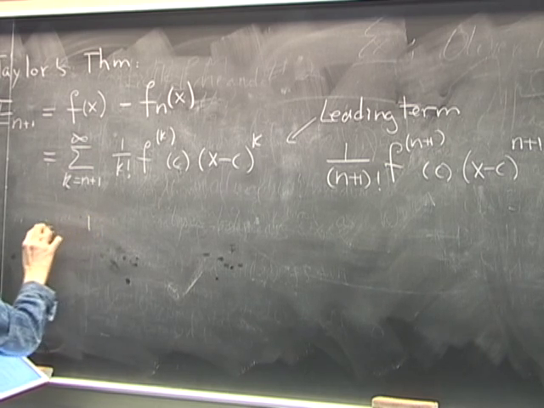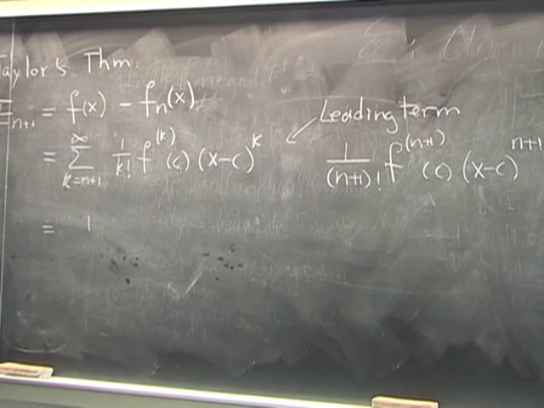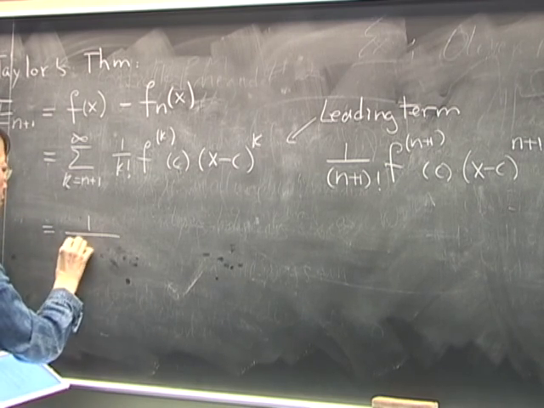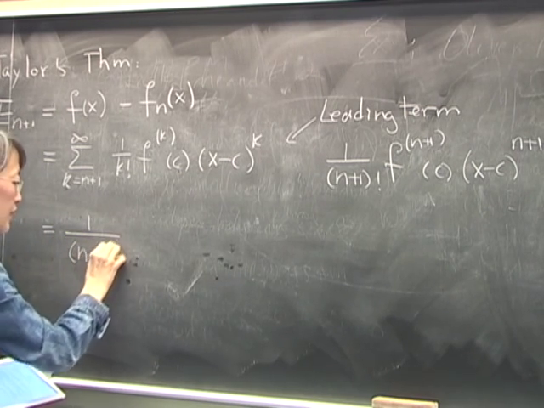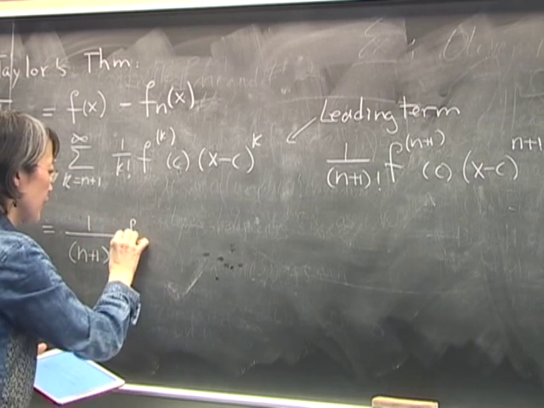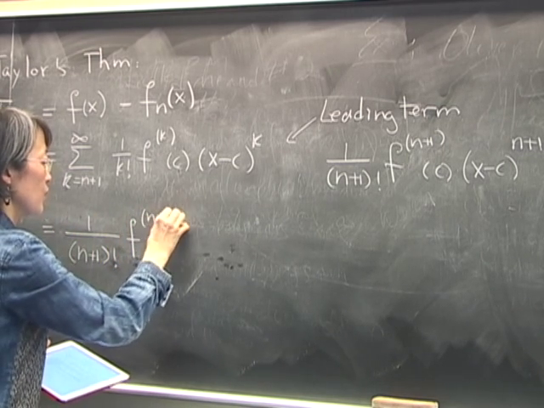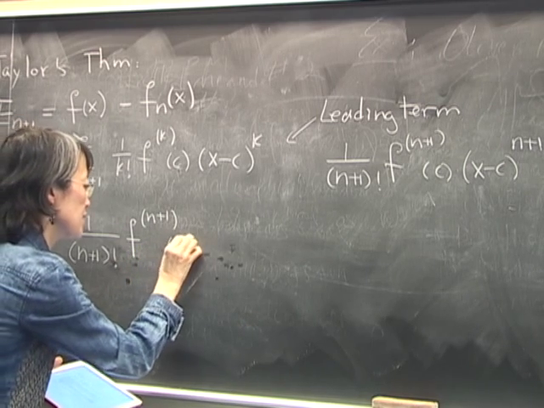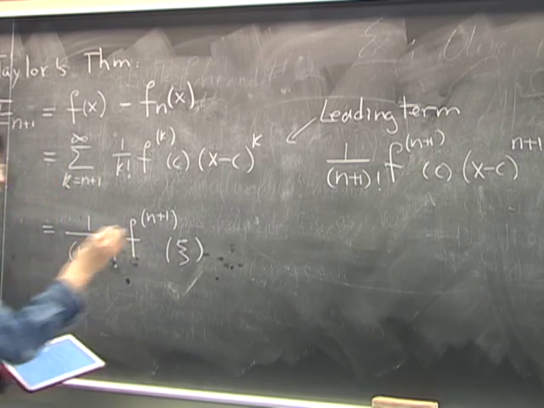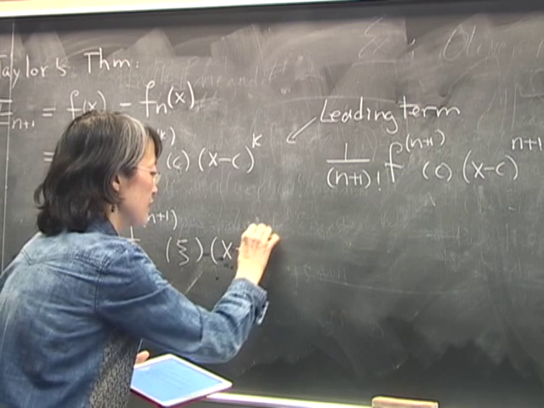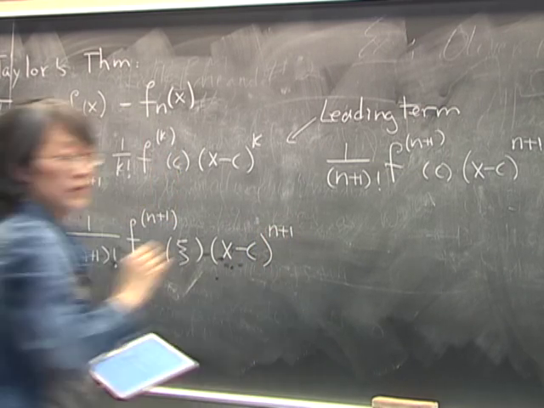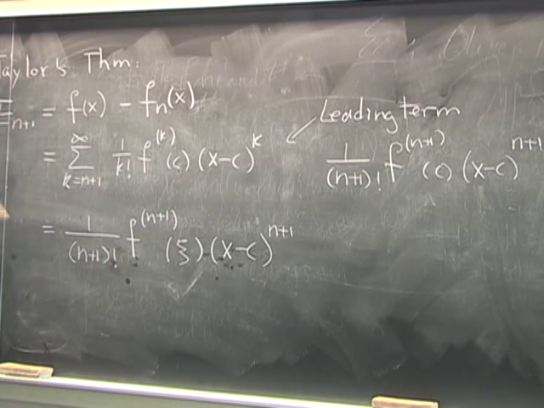Let me write it out. It's not even an estimate, it's exact. So 1 over n plus 1 factorial, f to the n plus 1 derivative, and I sneak in something different, psi, times x minus c to the power n plus 1. The error exactly equals that.